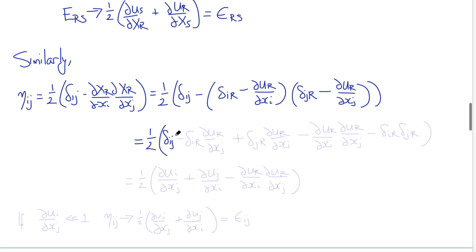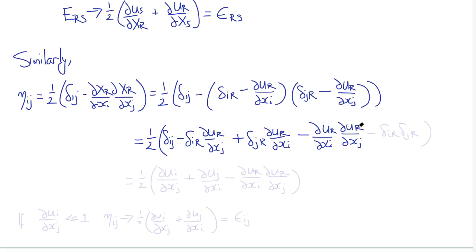Again, we multiply this out, we get δ_ij minus δ_ir times ∂u_r/∂x_j plus δ_jr ∂u_r/∂x_i minus the quadratic term ∂u_r/∂x_i ∂u_r/∂x_j.